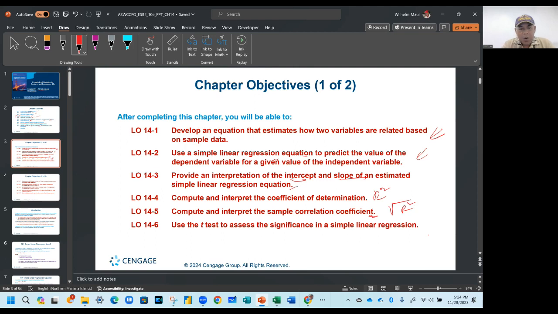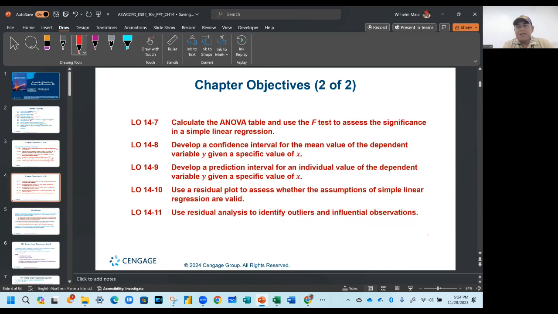Okay, then use the t-test. We already know how to use the t-test; we'll use it in the context of a simple linear regression. And then use the f-test. We already know that. Calculate your ANOVA tables. But in this case, for most of the problems in the homework, you can quickly get your ANOVA tables, your T, your F, by just running them rather than manually computing them.